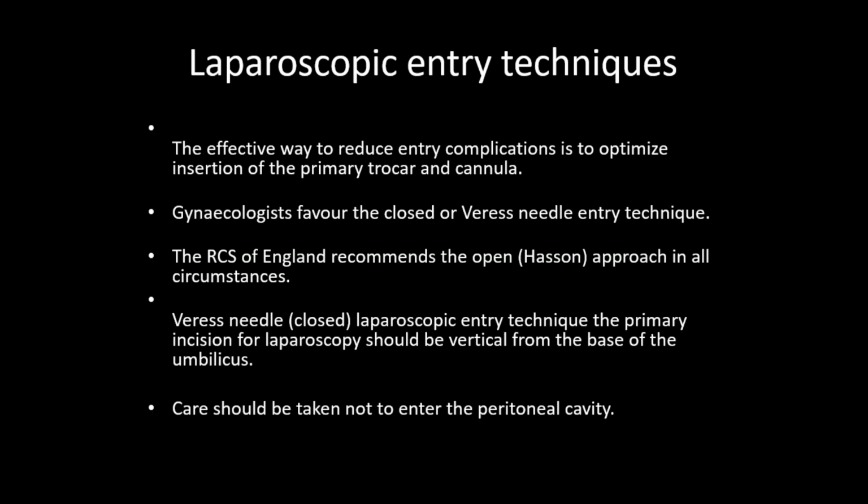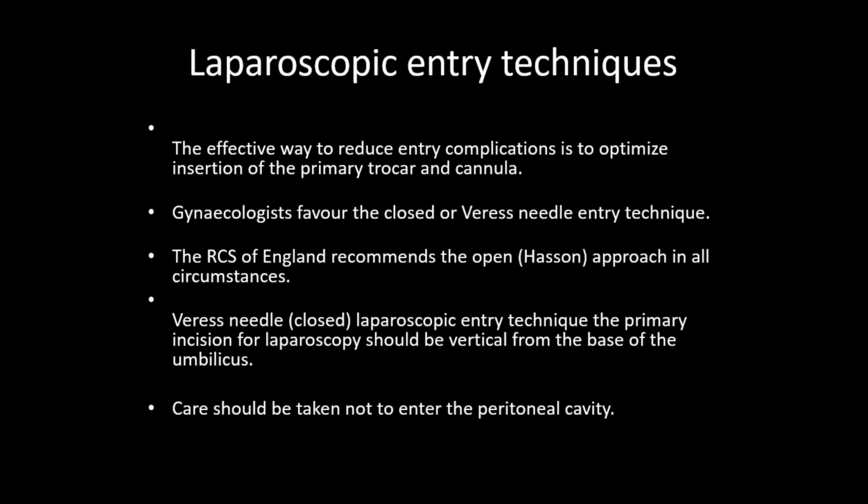The pressure should go up to 20 to 25 millimeter mercury. This is the recommended intraperitoneal pressure before entry of the main trocar and the two or one accessory trocars or secondary ports.